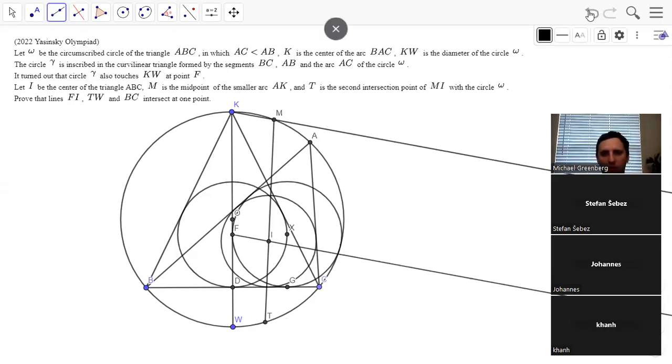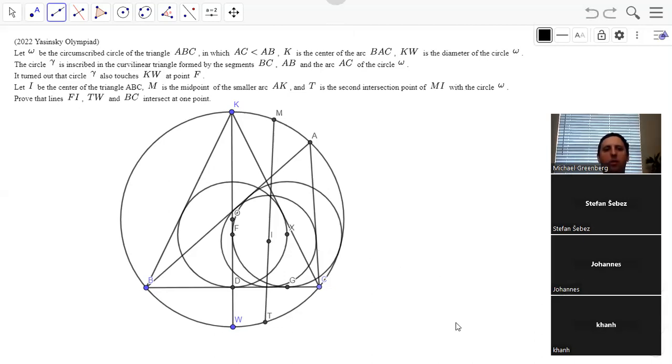KM must be parallel to IF if the problem is true. Oh yeah, I see now it isn't a parallelogram, but KM parallel to IF is true, and it is equivalent to the problem.